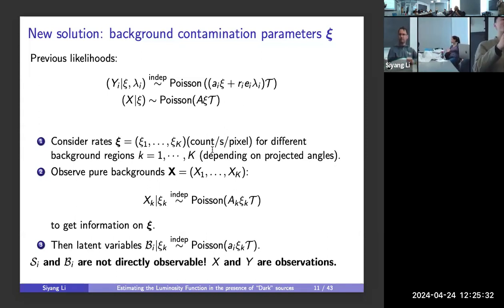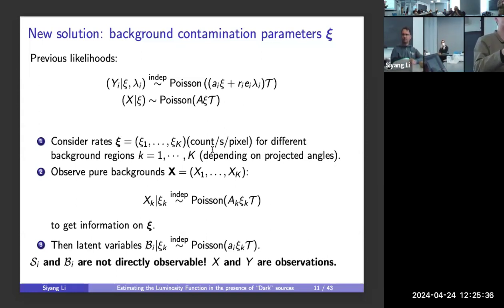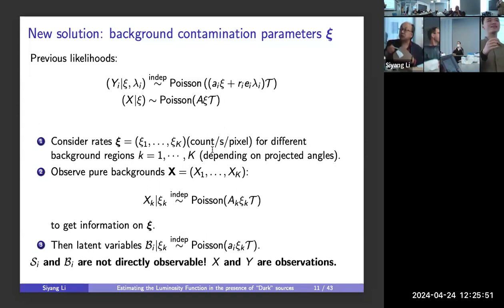I'm wondering, in the setup, do you have multiple observations of a single source from different angles, with different telescopes on Earth, so the background is different? Or are the sources so far away that it doesn't matter? You'll always see them from the same side, so you have a single background associated with a source.